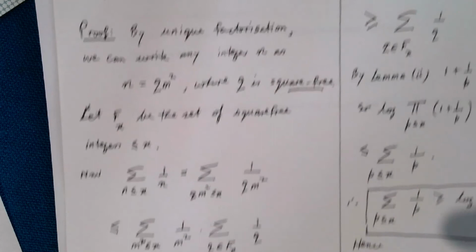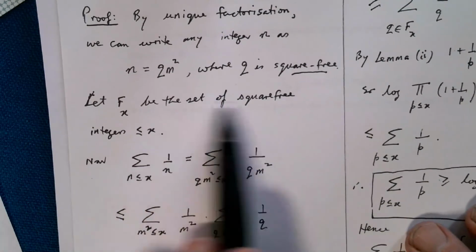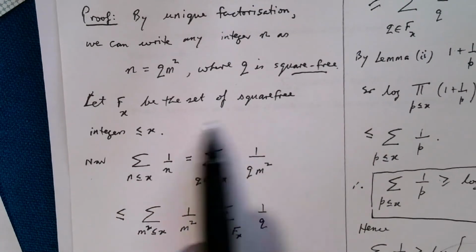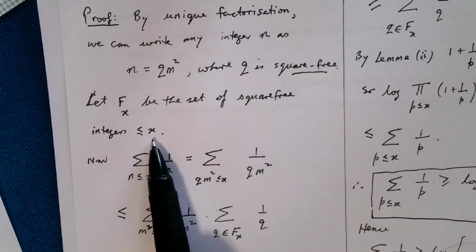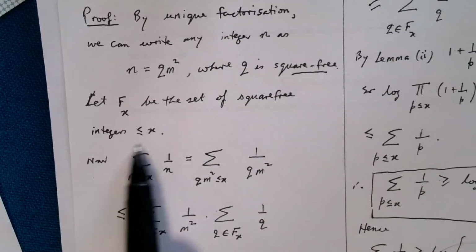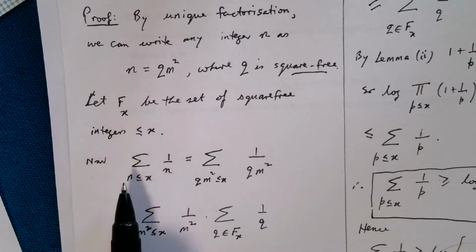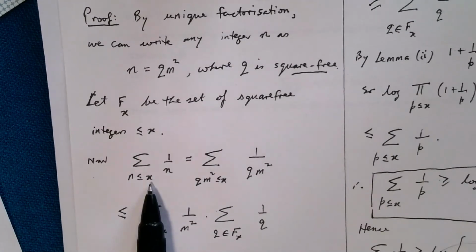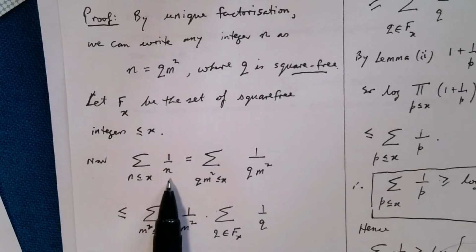So we let capital F of x be the set of all square free integers less or equal to x. All the integers will have no square factors. Now we're going to consider the sum, not necessarily over p, but just over n less or equal to x, of 1 over n.